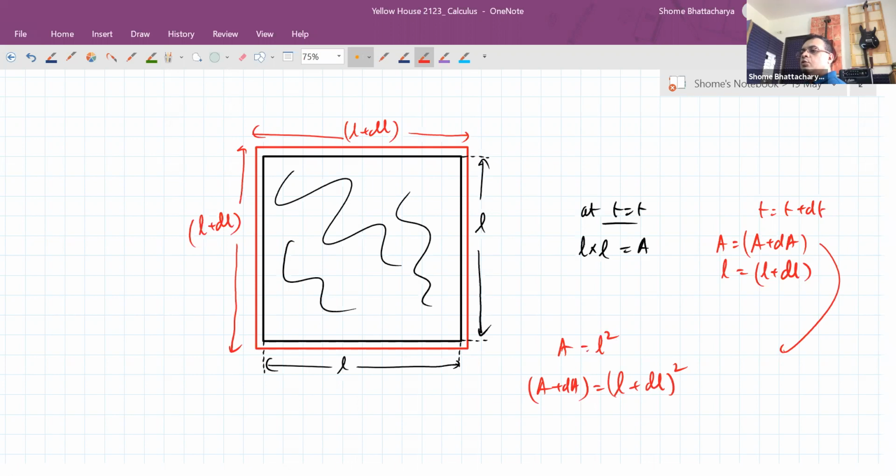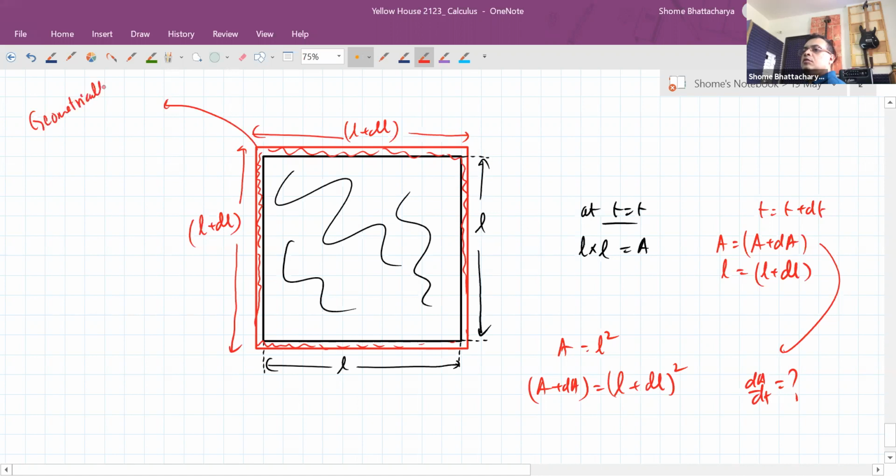Okay. So you want to find out dA by dt from this. You can see that in the diagram, the area which is increased is this shaded portion. If you look geometrically, you can understand that the change in area is basically equal to, now this thickness is dL.